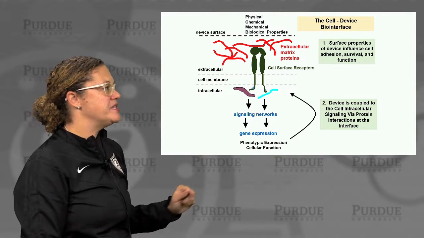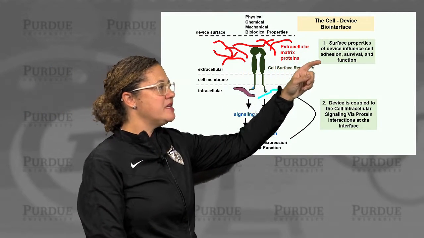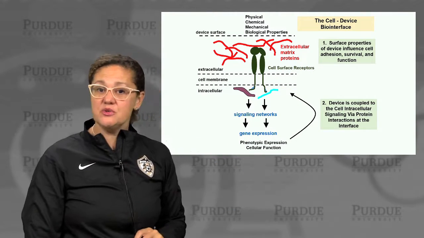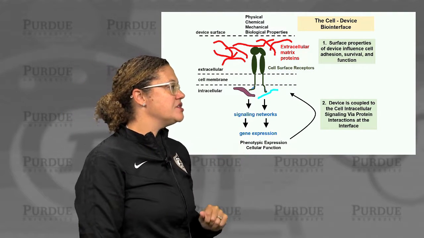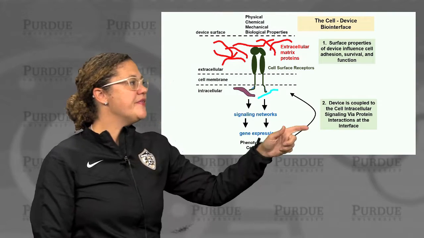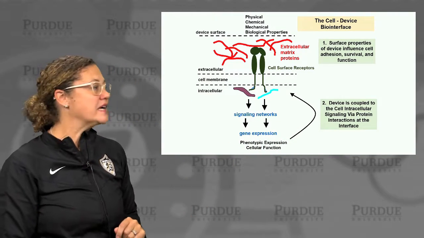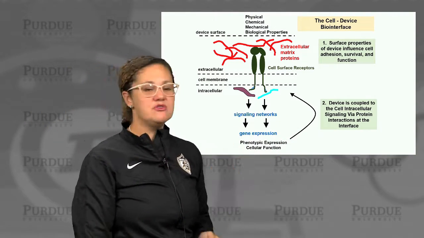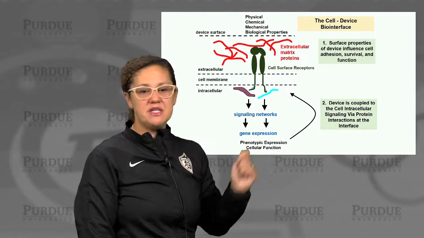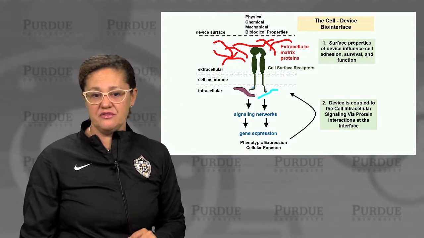So there are two key points here. One, that the surface properties of our device directly influence cell adhesion, survival, and function, and two, that the device is directly coupled to the cell's intracellular signaling via protein interactions at the interface.